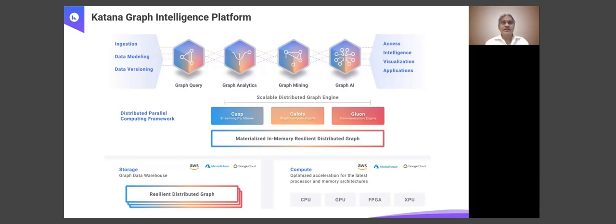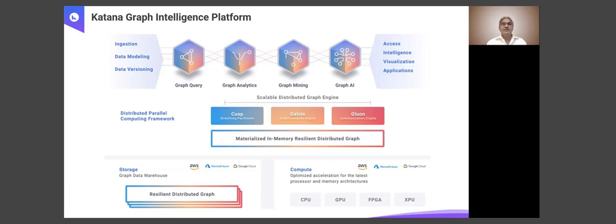Then the Galois graph computing engine kicks in. The Galois graph computing engine is a shared memory graph computing engine. It's got a bunch of data structures and a runtime system that, again, has been optimized for many years for the needs of graph computing. Now, anytime you shard or partition a graph, you need to worry about what happens at the boundaries of the partitions. You're going to need some synchronization and communication in order to keep the data on the different machines in lockstep, so to speak. So we support a programming model that's called the bulk synchronous programming model.